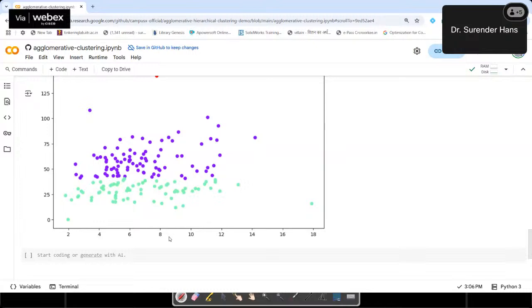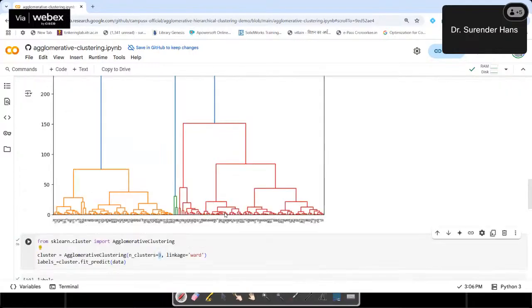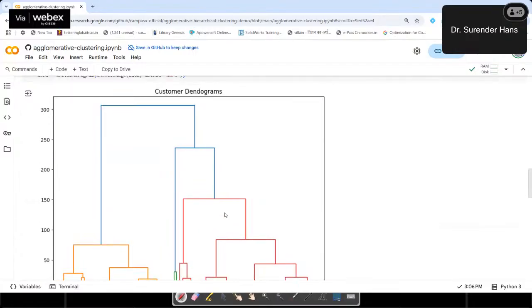We have 4 choices of linkage criteria: first, min; second, max; third, average; and fourth, Ward. The linkage criteria can significantly affect the result, and there is no definite rule for choosing the best method, which can make the process arbitrary. So that is one problem in hierarchical clustering.